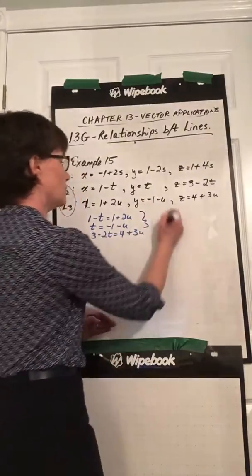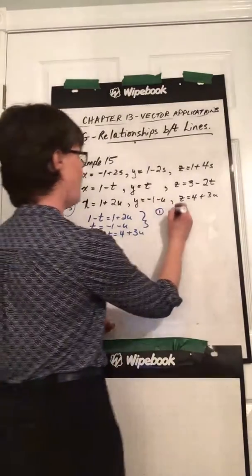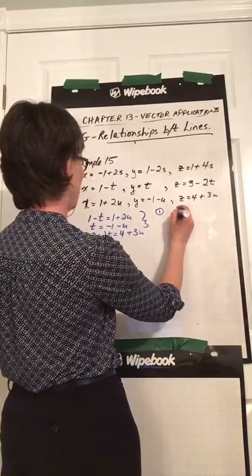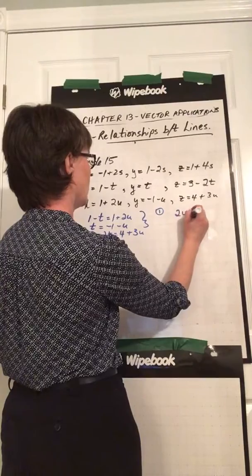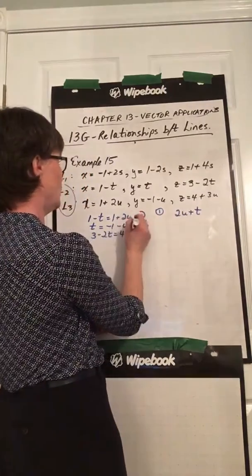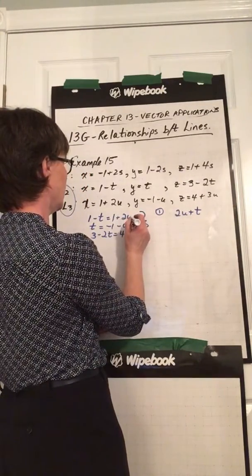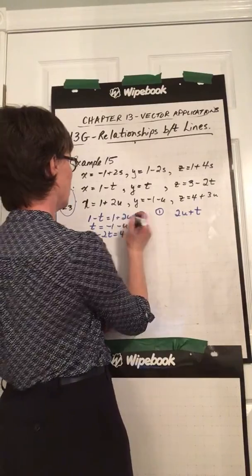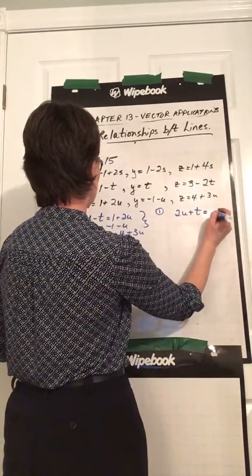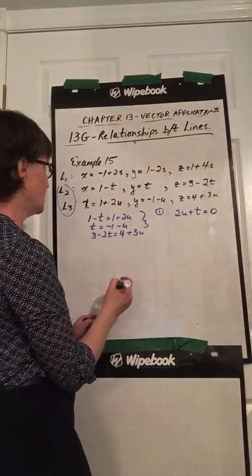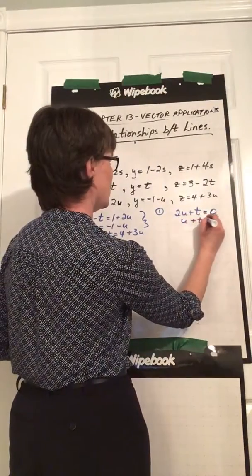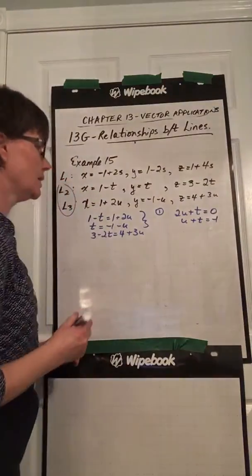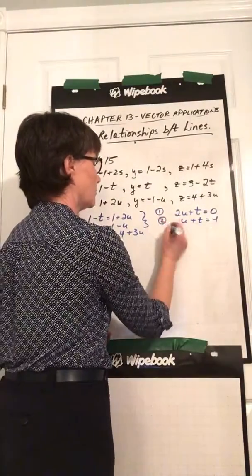I'll choose these two, call the first one 1, and rearrange it: 2u plus t equals 0, and u plus t equals -1. Okay, so that's equation 2.